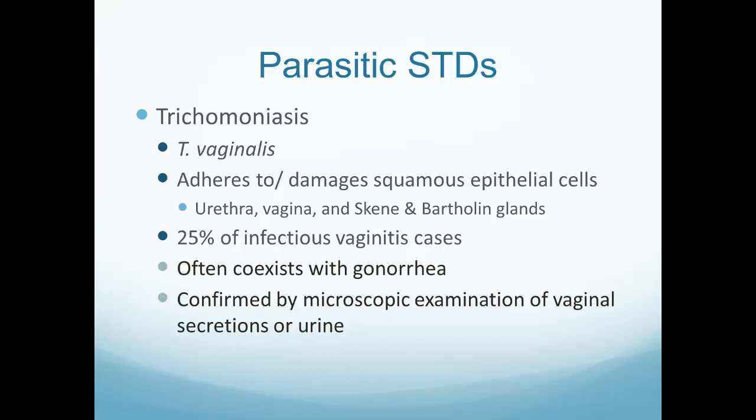Okay, so oftentimes those two things go hand in hand. And you're going to notice that oftentimes we have more than one type of infection occurring at a time with our patient. So this is going to be confirmed by a microscopic examination of vaginal secretions or by looking at urine, because we'll see shedding of our parasites, bacteria, etc. into the urine when the patient urinates.